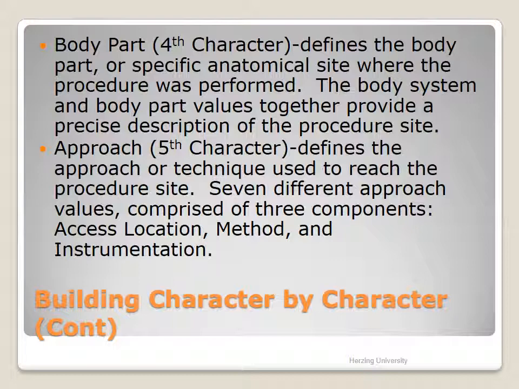The fifth character is approach. It defines the approach or technique used to reach the procedure site. There are 7 different approach values comprised of 3 components. You have access location, method, and instrumentation.